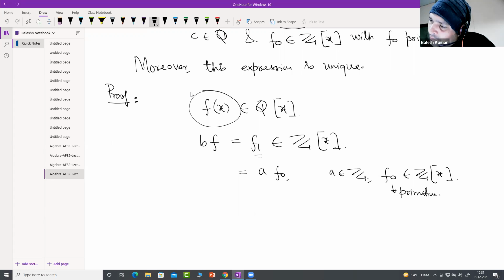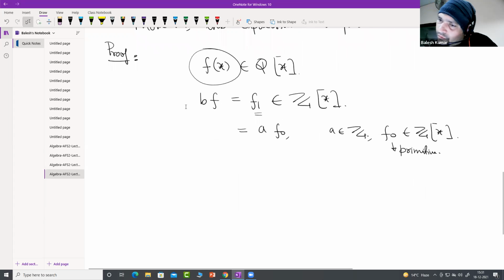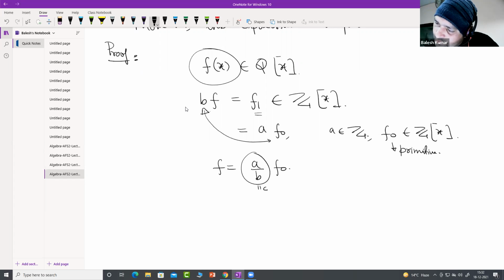If we combine these two things, we can see that f can be written as a by b times f0, and this is our required c, and f0 belongs to Z of x and is primitive.